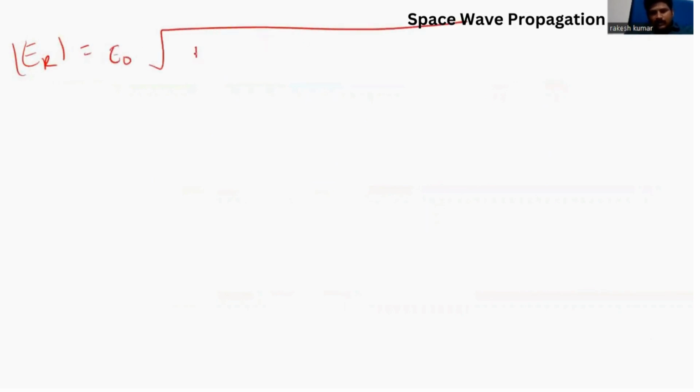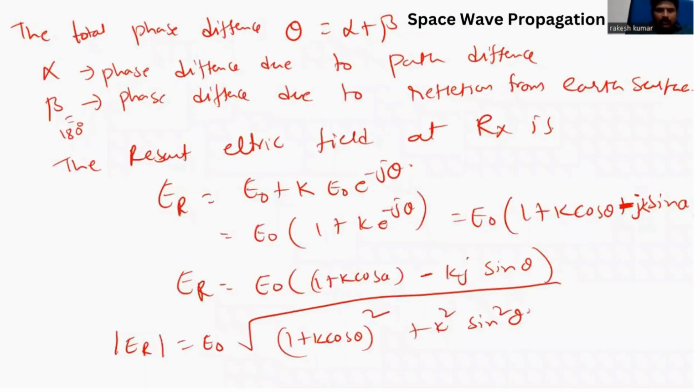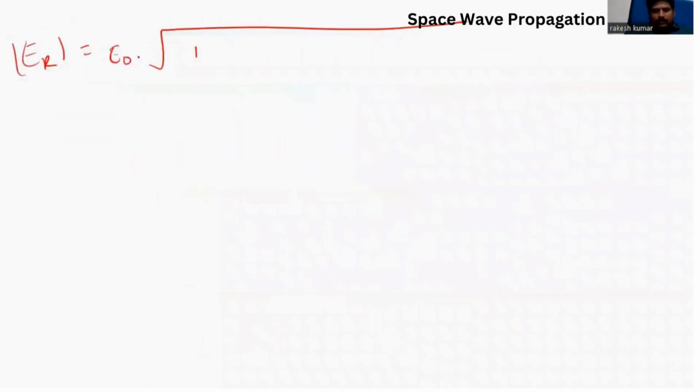If I expand this, the expansion for 1 plus K cos theta whole square is 1 plus K square cos square theta plus 2K cos theta, plus K square sin square theta.